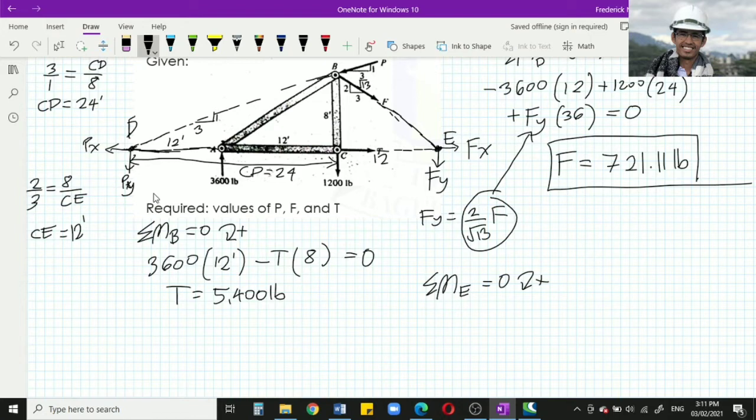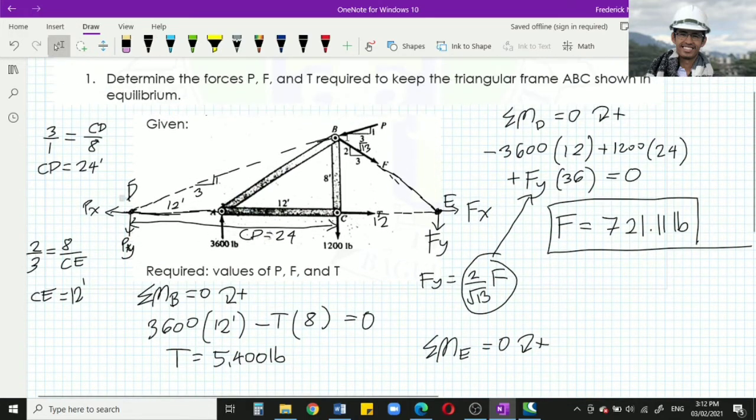So kapag in-extend natin yung force P natin, and ito yung gagamitin natin para mag-moment sa E, yung PY na lang ang mag-moment, kasi yung PX natin is concurrent siya sa ating point E. Okay? So PY is yung Y component ng force P natin.